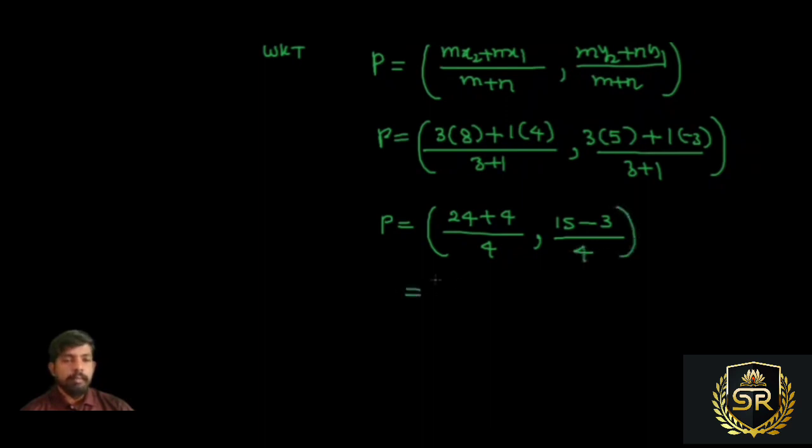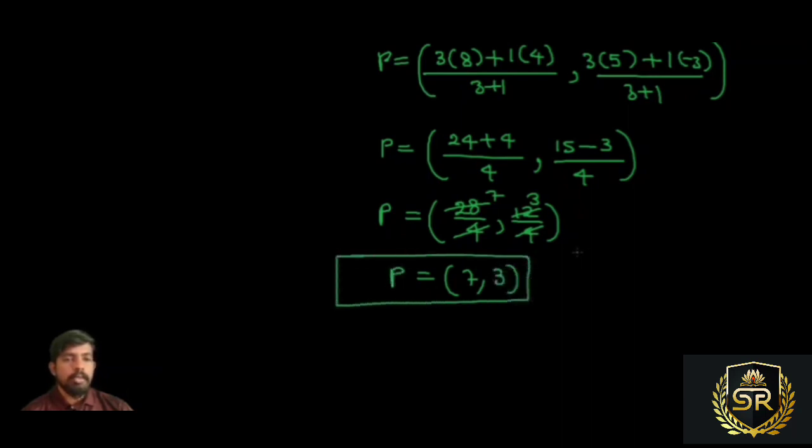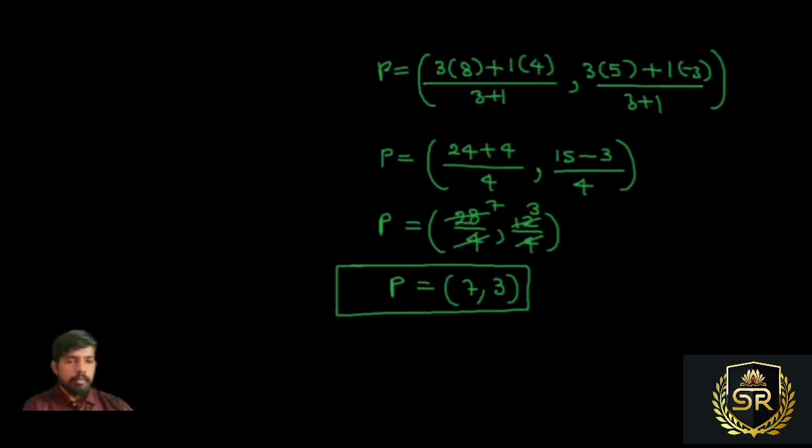Now 24 plus 4 is 28 by 4, comma, 15 minus 3 is 12 by 4. 4 sevens are 28, and 4 threes are 12. So we get 7 comma 3. The point P we got is (7, 3). This is the solution. Got it?